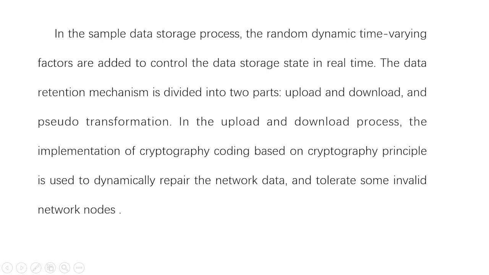The data retention mechanism is divided into two parts, upload and download, and pseudo-transformation. In the upload and download process, the cryptography coding based on cryptography principle is used to dynamically repair the network data and tolerate some invalid network nodes.